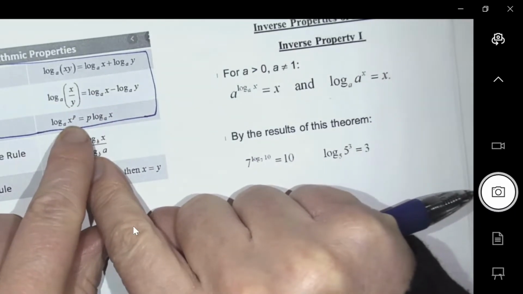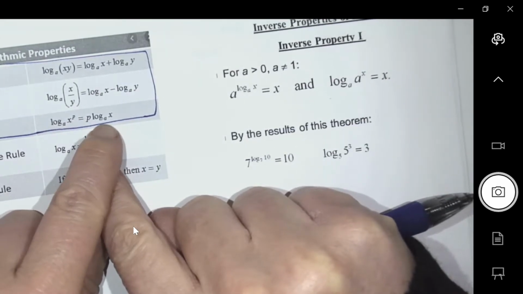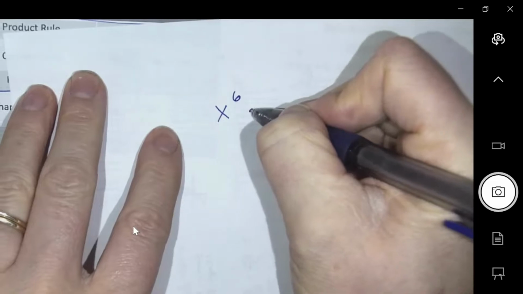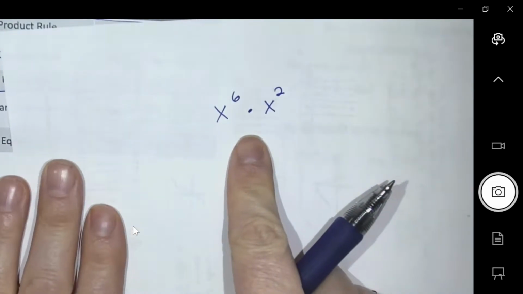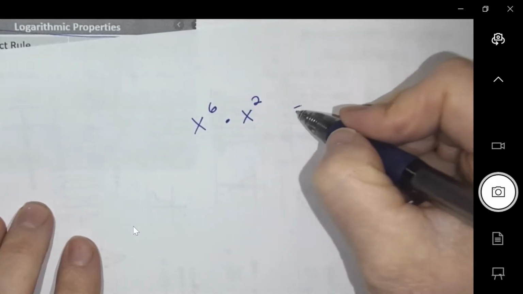If I have an exponent, a power, I'm going to make it a coefficient and multiply it. Okay? It kind of makes sense with exponents, because do you remember this from your past? What did you do with the exponents? You added them.